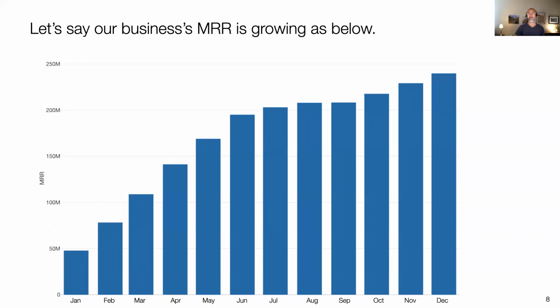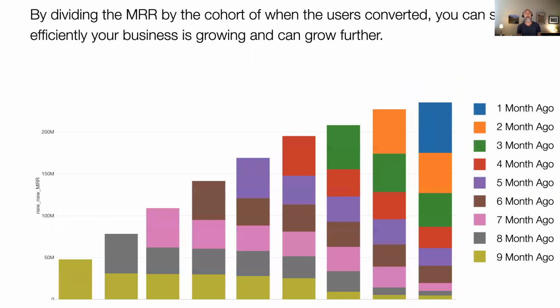In part one, I talked about the MRR and net retention revenue types of things. Same chart: we are looking at MRR for each month, and it looks like MRR is growing. But last week, we talked about not just looking at the MRR, but dividing the MRR by the cohort of when the users converted or became paid customers.